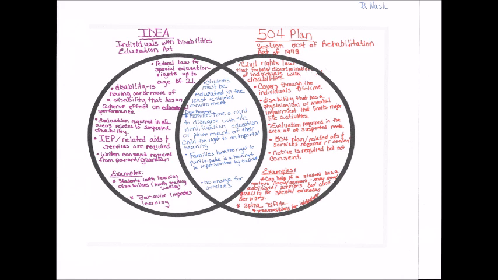As far as another example under IDEA, if the behavior impedes learning, such as the student has been diagnosed as ED, emotionally disturbed, and the behavior would impede the learning, therefore they would receive services under an IEP due to the IDEA.